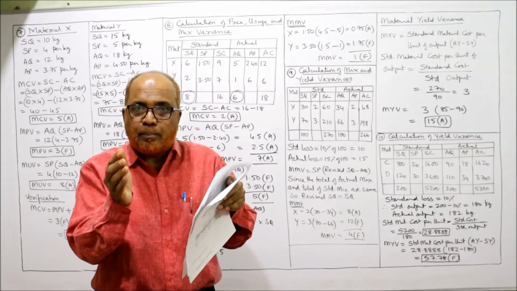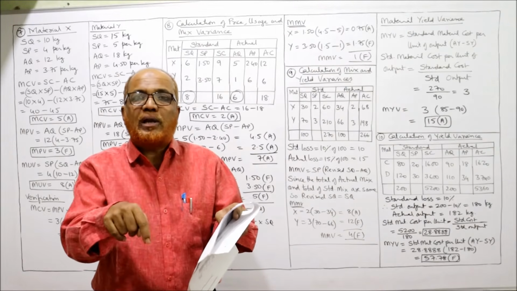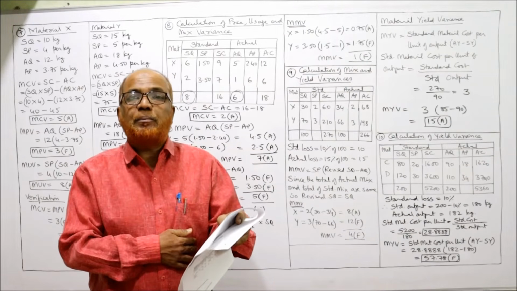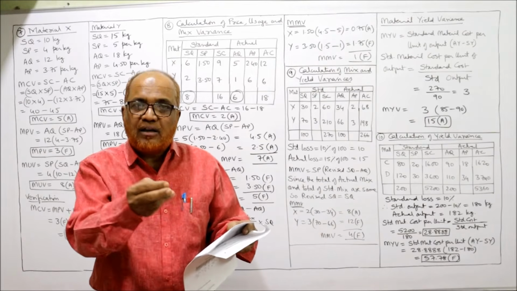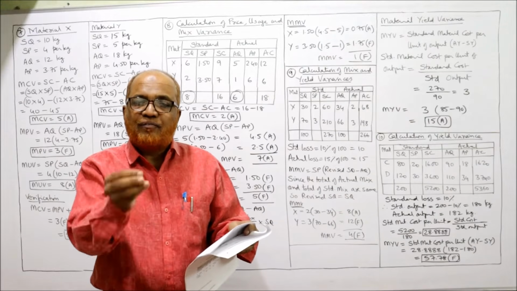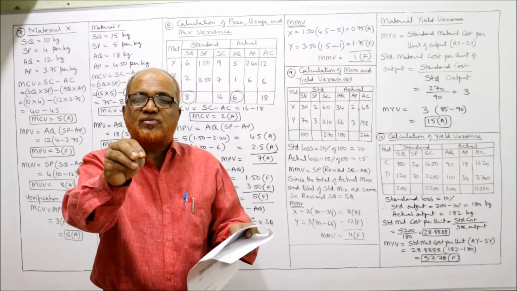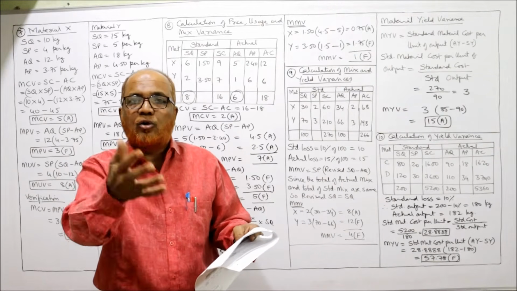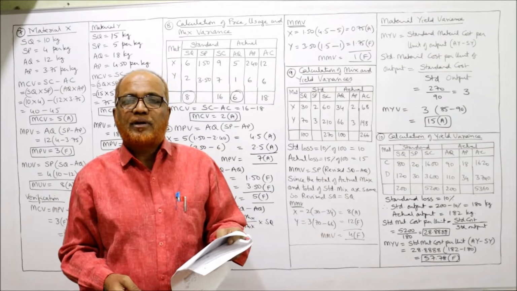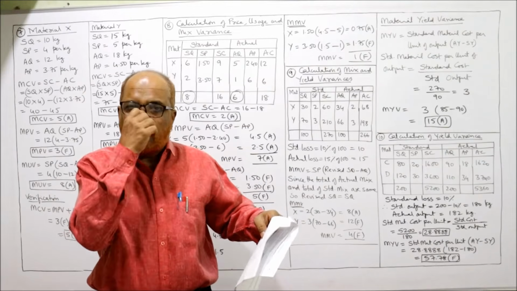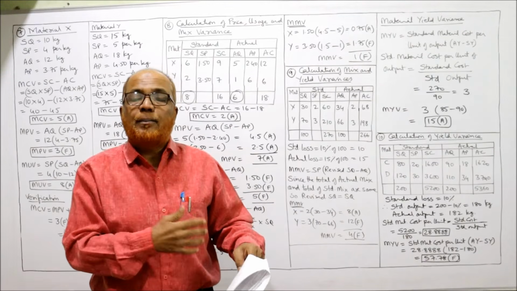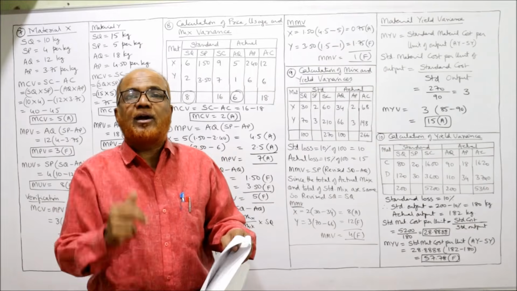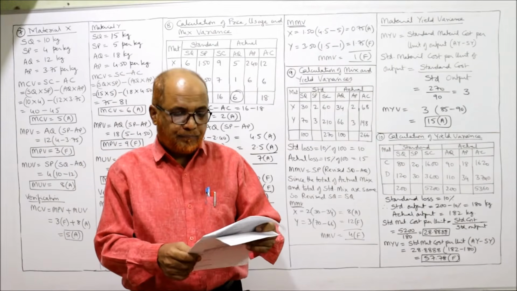But during a particular period, the actual loss comes to 15%. That means if 100 units are introduced, 15 kilogram will get lost. Output you will get 85. So according to standard, you must get 90. But actual output you are getting only 85.